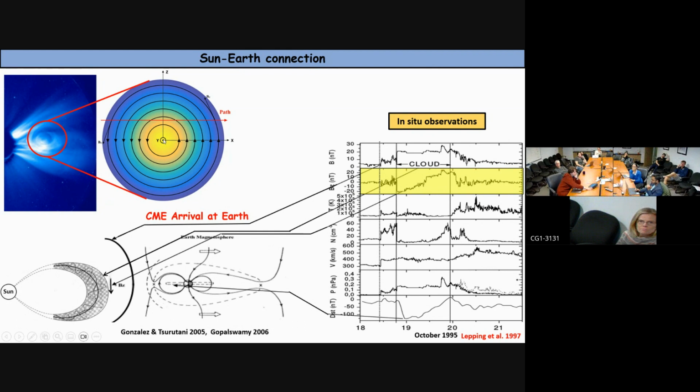As it passes through this part, the north-south component will change its sign. On this side it was downward, that means southward, but at this part of the flux rope, it will be towards the north. So it will see a smooth transition from south to north, in terms of this direction from negative to positive.